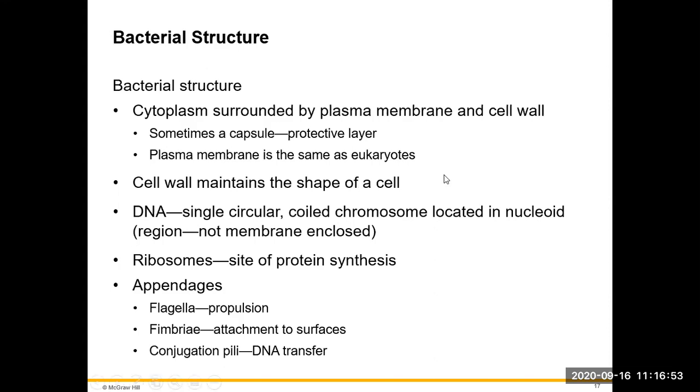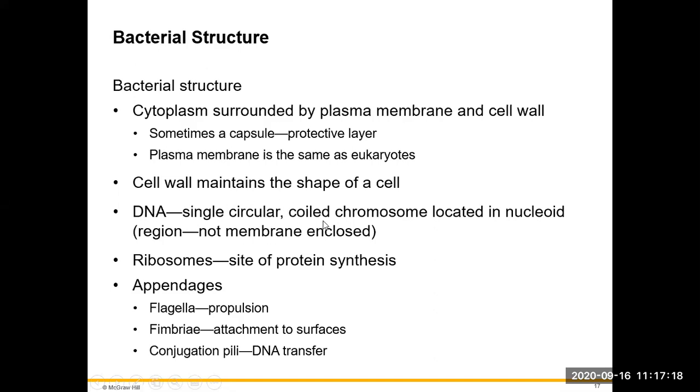The cell wall maintains the shape of a cell, and they do have DNA, and it is single circular DNA. In the case of viruses, there are viruses that have double-stranded DNA instead.